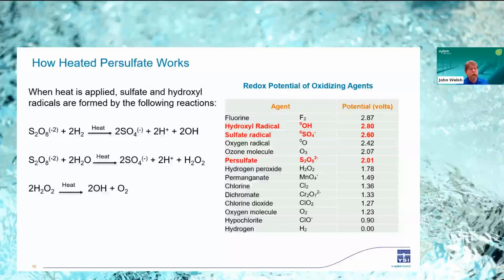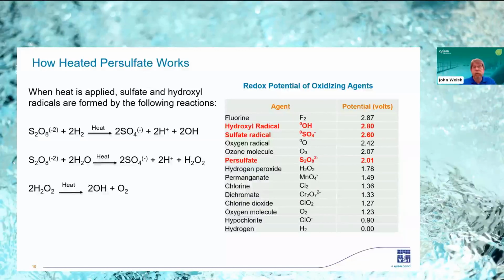The chart on the right-hand side of the screen shows the redox potential of ions from the highest, being fluorine at 2.87 volts, to the lowest, hydrogen, which is 0. The equations on the left-hand side of the screen show the reactions that take place when persulfate is dissolved in water and activated by heat.